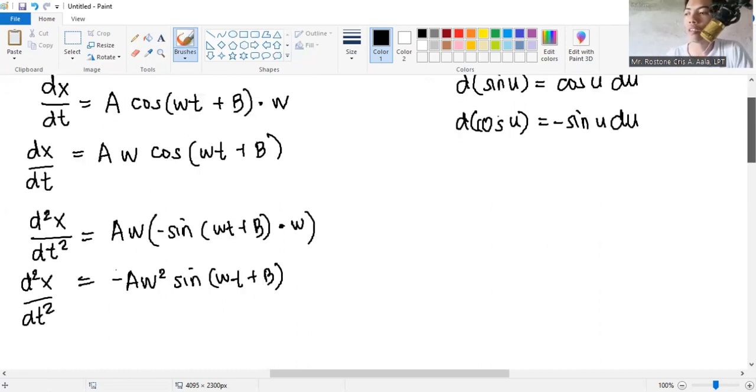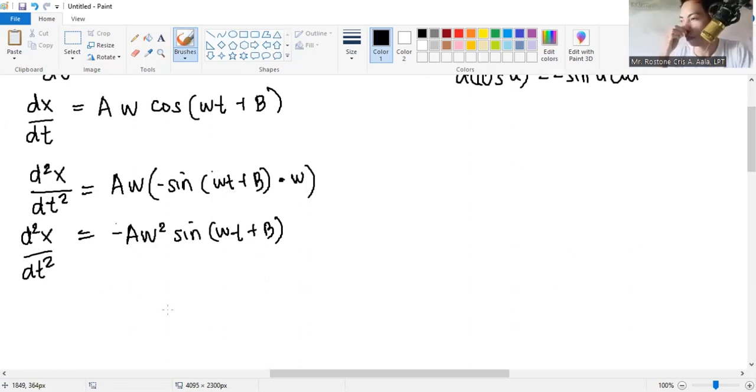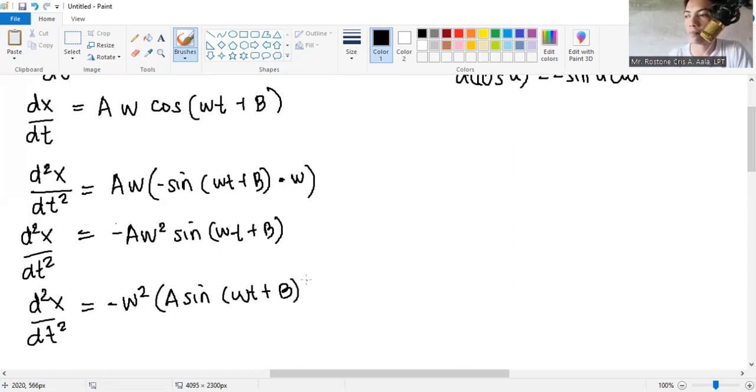So kung i-group natin yon, we have here d squared x over dt squared, that is equal to negative w squared times a sine of wt plus b.